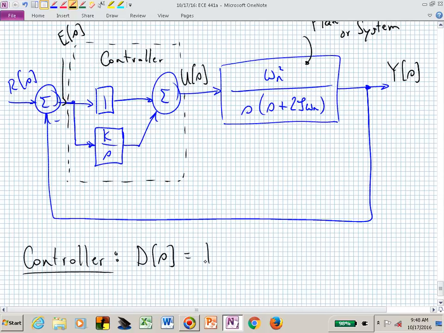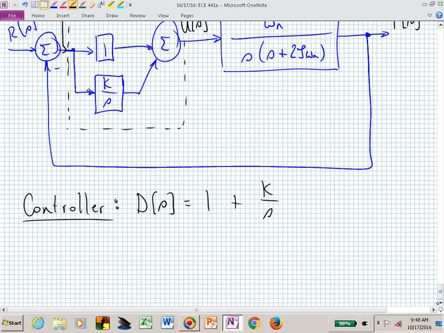Our controller is the combination of a 1 plus K over S. This one we could say is a proportional gain. And what is this one doing? What's 1 over S in the frequency domain?